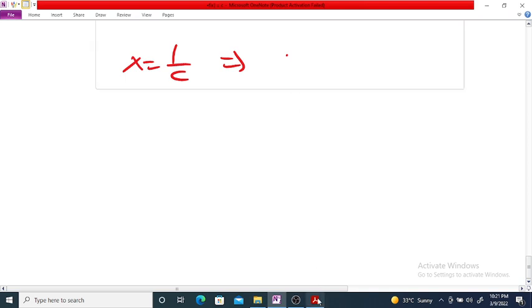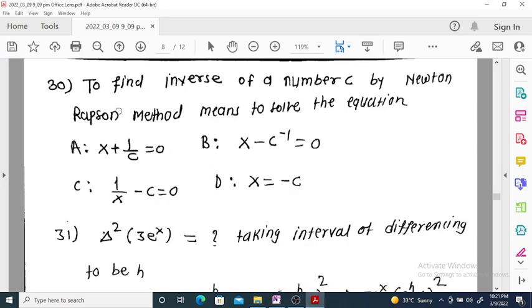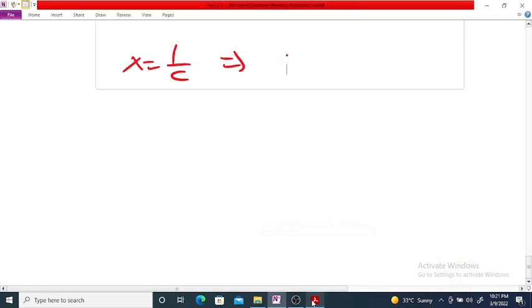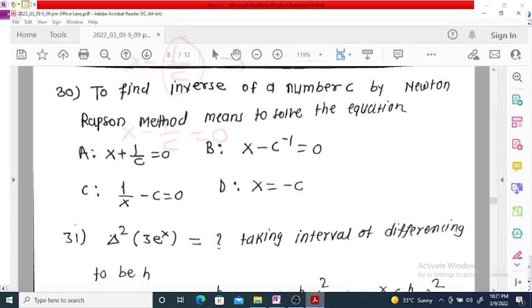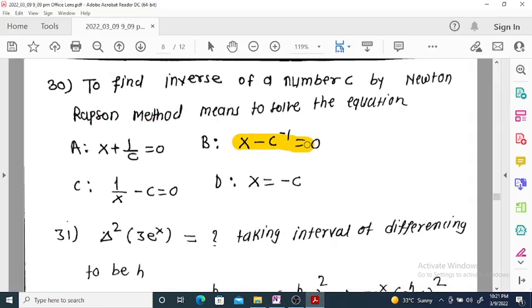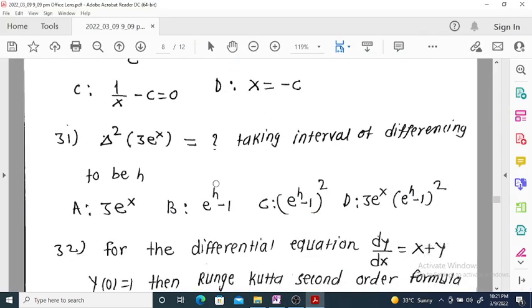Say c is the given number, I want to determine its inverse, that is 1 by c is equal to x, then x minus 1 by c is equal to 0. So x minus 1 by c is equal to 0. So this is the correct option.